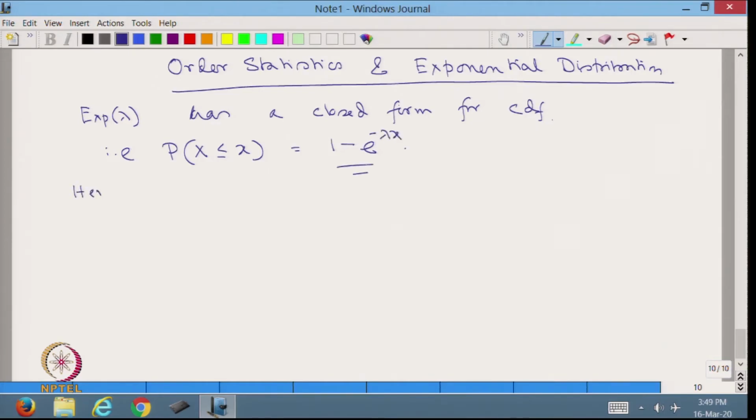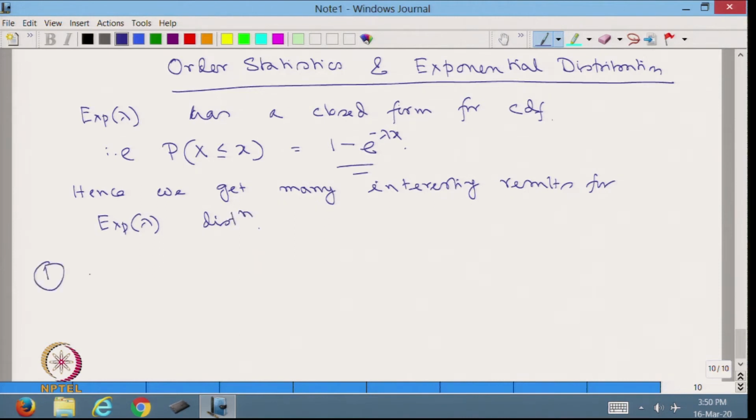Hence, we get many interesting results for exponential lambda distribution.